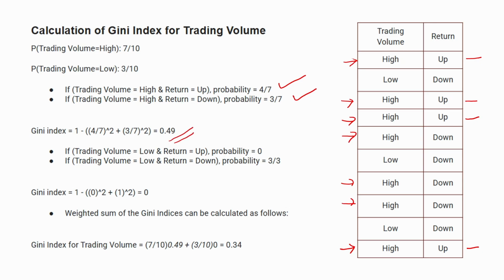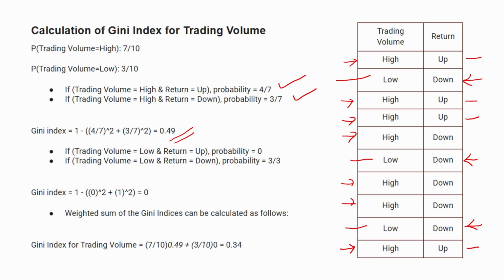We have considered the high case. Now we have to consider low. For low we have 1, 2, 3 entries. And you just see how many are there for down. 1, 2, 3. So for all low cases, we got it as down. So the probability is basically 0.